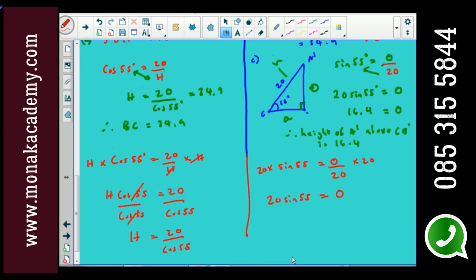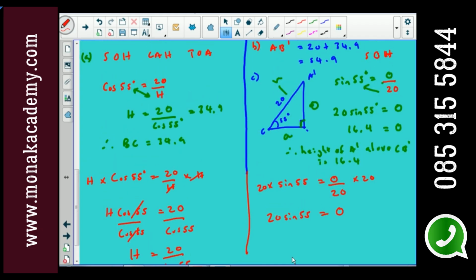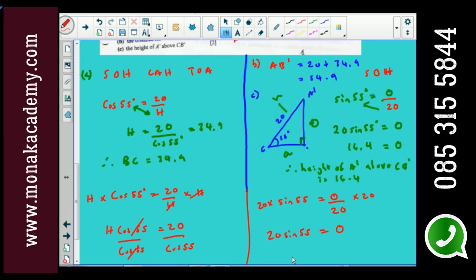This was a choice. For me, on this question, what was important is knowing that when they asked that they want the height of A complement above CB, to recognize that we are working with a new triangle. And whenever there is a new triangle, your opposite, hypotenuse, and adjacent changes. It's no longer the same.